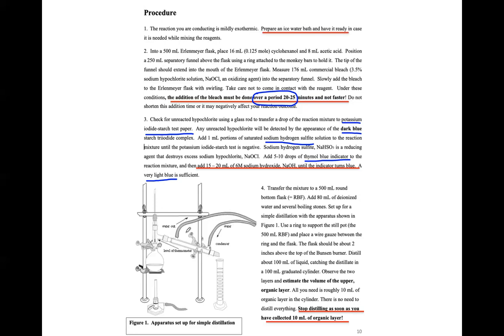A couple of things to point out here is that you're going to use a Bunsen burner, and you definitely want to add some boiling stones into here. So you're gonna have some boiling stones in here. And you're gonna have 2 Bunsen burners in your jar. You want to use the larger of the 2 Bunsen burners for this. And the thermometer placement is kind of important. The thermometer should be just below the elbow of this adapter here.